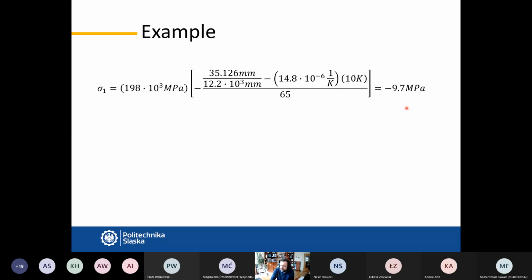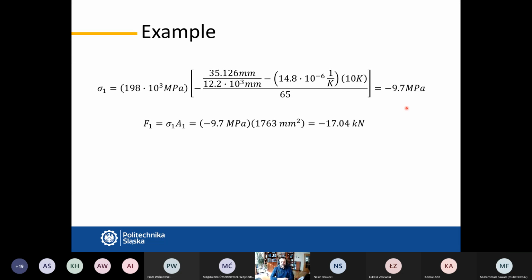So the external pipe is compressed by only 9.7 megapascal. And this is the result of the force generated by the bellows, so by the spring element compressed by 35 millimeters, more or less, something like this.